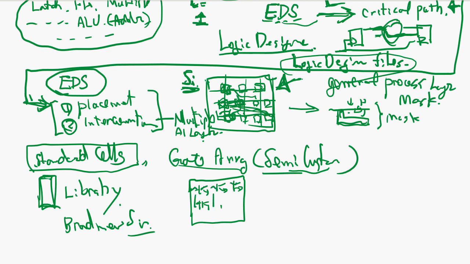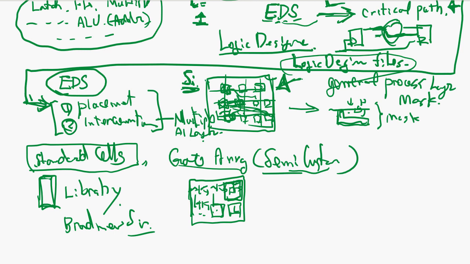And of course, you have interconnection to make a flip-flop, interconnection to make a latch, interconnection to make a multiplexer, whatever. Those are in the library. The library in this case is an interconnection library.